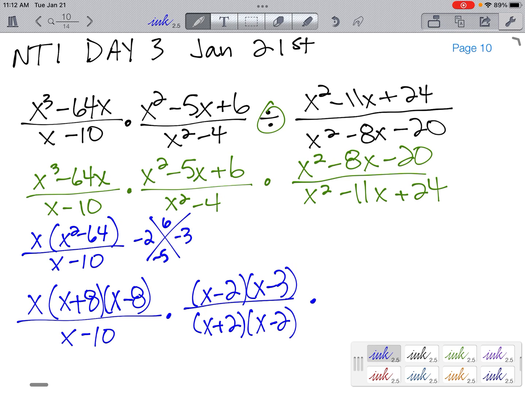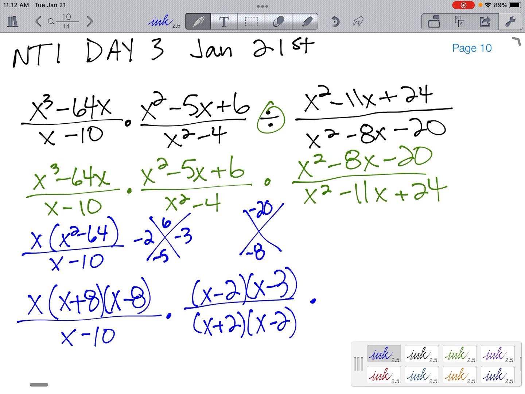Now we're going to factor our last fraction. They're both trinomials. So again, we're going to start with our x. The first term times the last term is a -20 for the top of our x, and our middle term is our -8. What factors of -20 are going to add to give us -8?